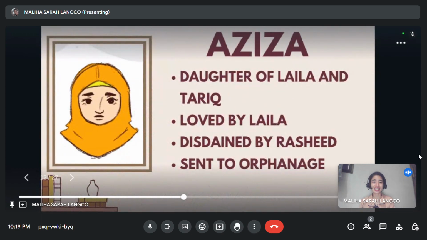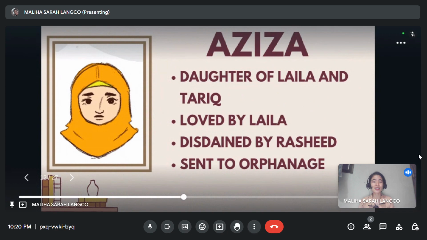Now we have Aziza. She is the daughter of Lila and Tariq. She almost became a harami. However, since Lila married Rashid, Aziza's life became halal in Islam.